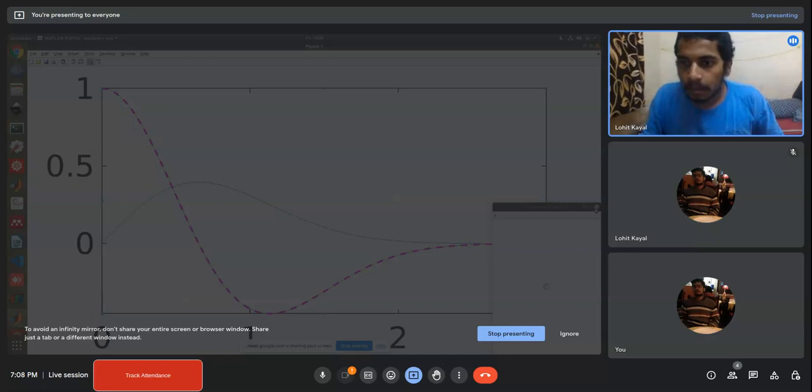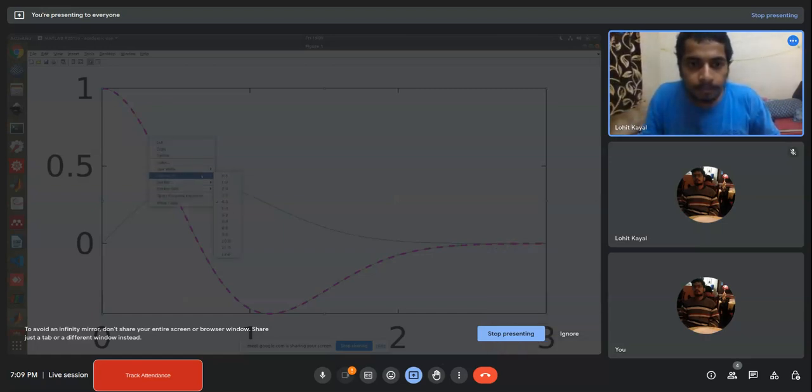You can see that there is a magenta dashed line, and behind it there is a blue solid line. I think you can see this. Let me just increase the line width, maybe to 8.